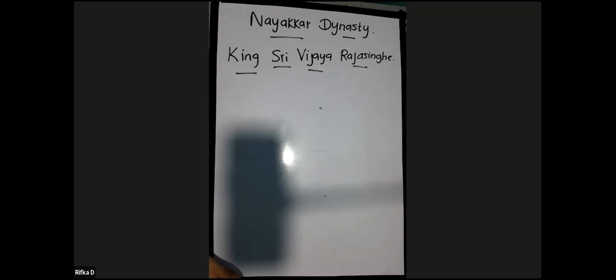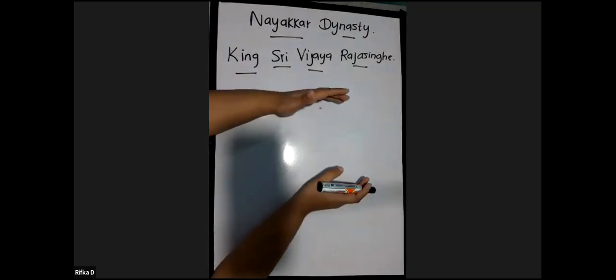Okay, right. So, after the death of King Shri Veera Parakrama Narendra Singha, his wife's brother, the Nayak princess's brother, King Shri Vijaya Raja Singha, became the king of the Kandyan kingdom.